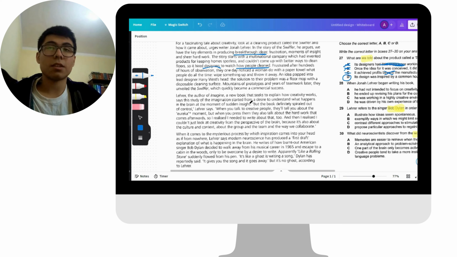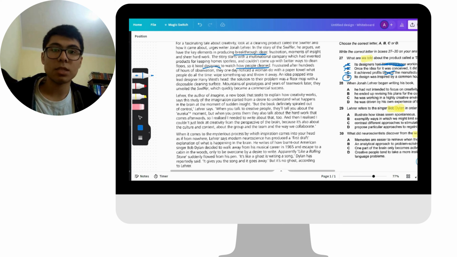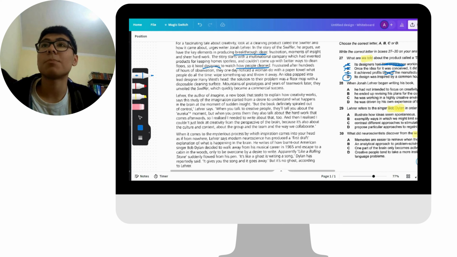Imagine is the name of a book which explains how creativity works. So the author says this study of imagination actually started from a desire to understand what happens in the brain at the moment of sudden insight.